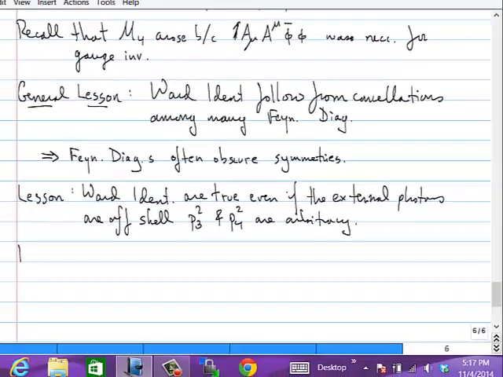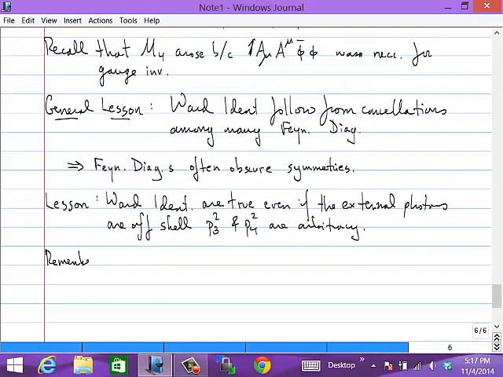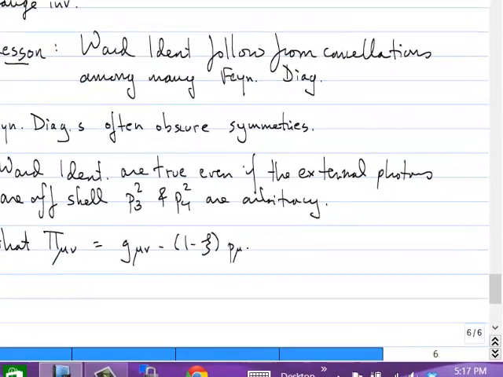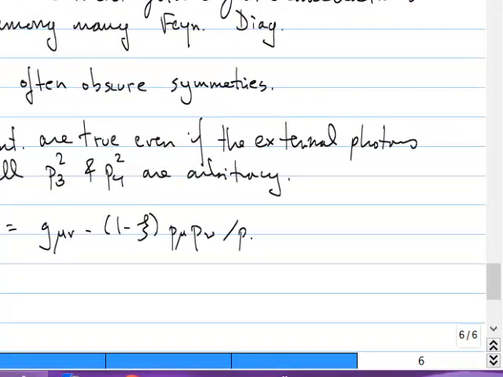So remember, that pi mu nu is proportional to g mu nu minus this additional term that depended on the parameter xi and was proportional to p mu p nu. Okay.